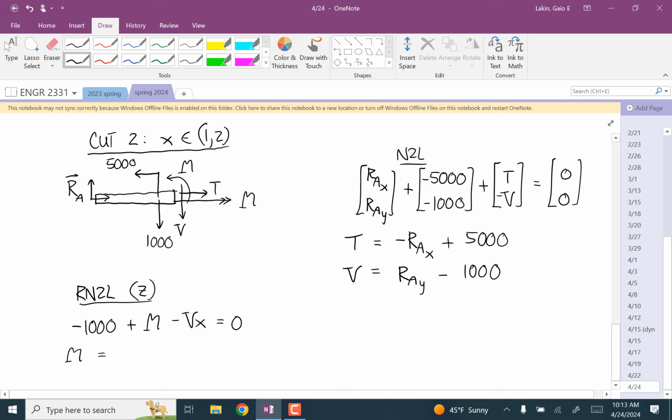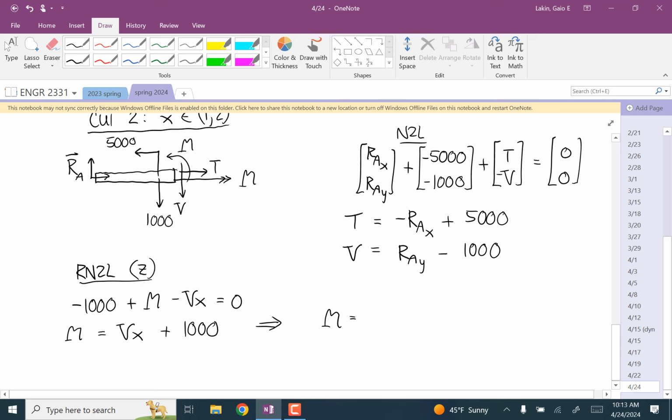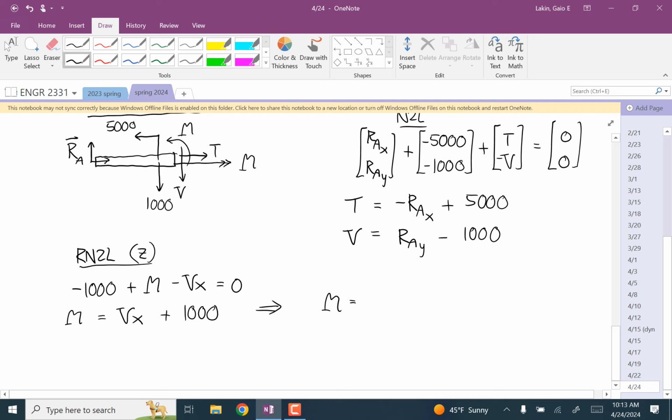So m is equal to Vx plus 1,000. And so m is equal to RAY times x minus 1,000 times x plus 1,000.